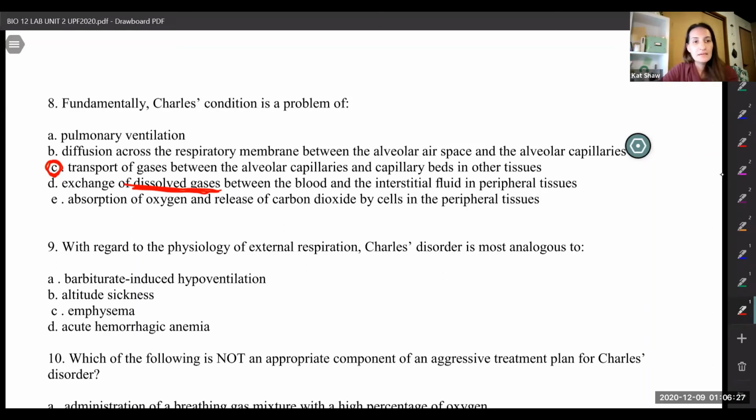Then E, absorption of oxygen and release of carbon dioxide by cells in the peripheral tissues, right? The cells themselves are diffusing oxygen and CO2 at normal levels.